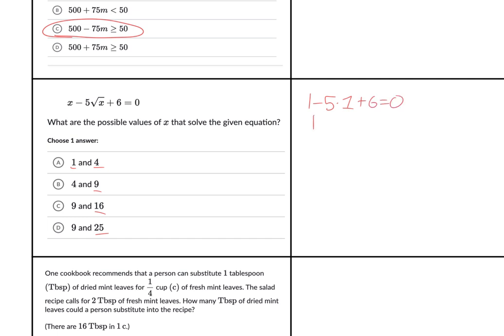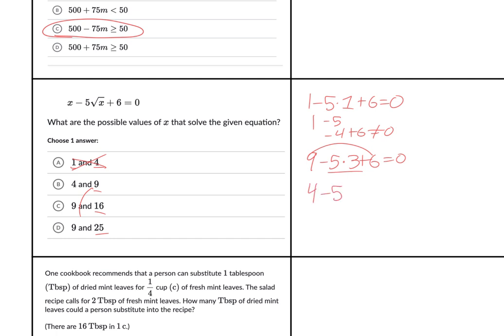That's 1. 1 minus 5 is negative 4 plus 6 does not equal 0, so 1 doesn't work. Let's check 9 because it's in all three. I'm guessing that one probably does work. 9 minus 5 times the square root of 9 plus 6 equals 0. That's 15 minus 15 is 0, so 9 works.